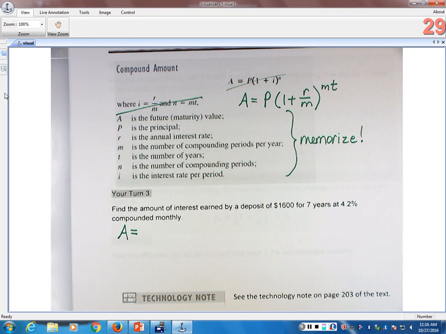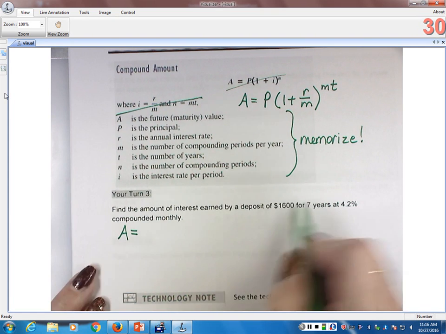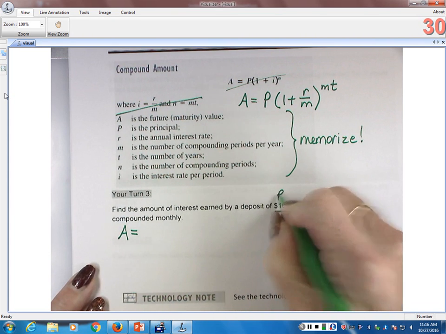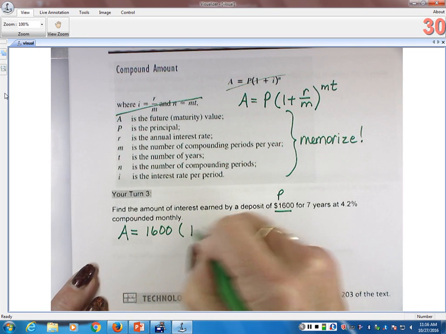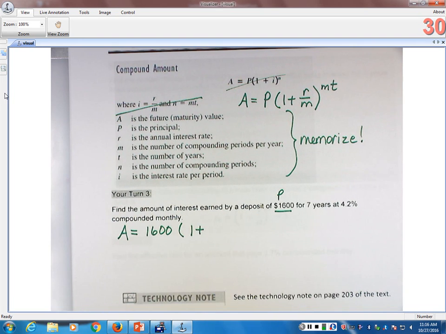Tara, what's the present value? 1,600. Okay. Noah, what is the value of I? The rate over the number of compound periods.